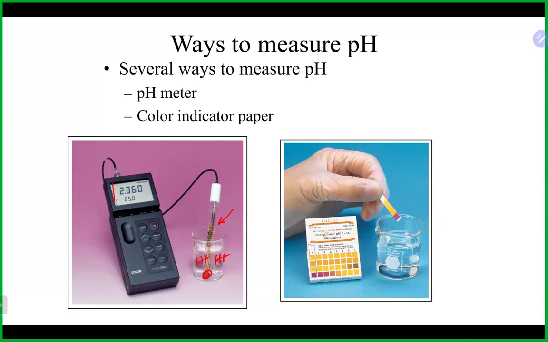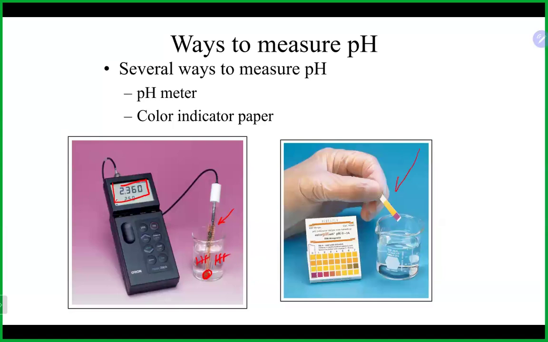And the nice thing about a pH meter is it actually does just give you an actual number. It's pretty accurate because you typically will calibrate it before, and a lot of times you'll calibrate it with a pH of 4 solution, a pH of 7, and a pH of 10. So you get a little calibration curve over the entire pH scale. And then it measures the voltage of your solution.